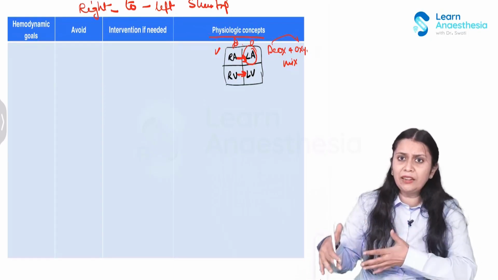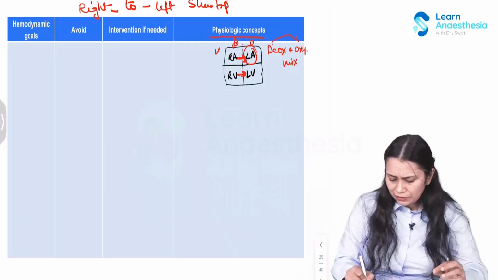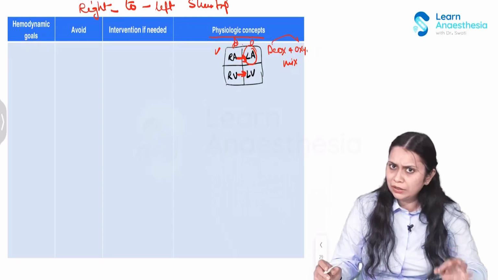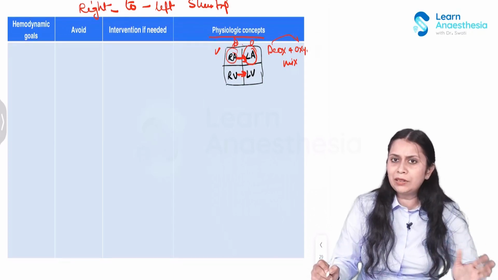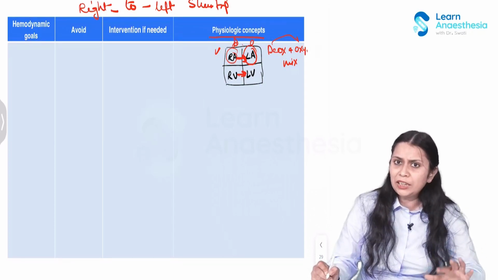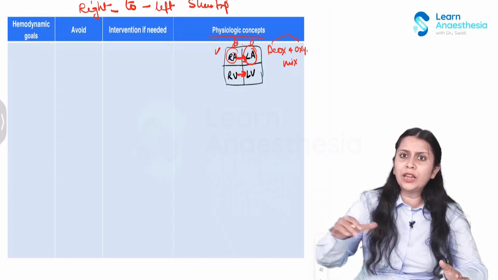If there is higher left-sided end diastolic pressure, then definitely the shunt fraction will decrease. Then we need to watch the right atrial pressure, the right side pressure. If right side pressure increases, as in pulmonary hypertension, again the shunt fraction will increase.